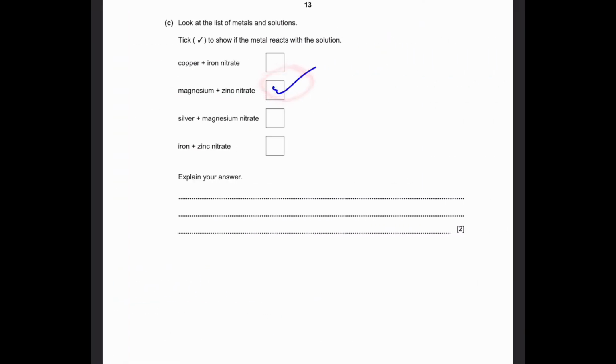So this is the only one that can react with the solution. And explain your answer. As we said, magnesium has a higher reactivity than zinc. So we can just write this down. Magnesium has higher reactivity than zinc. This will be our answer.